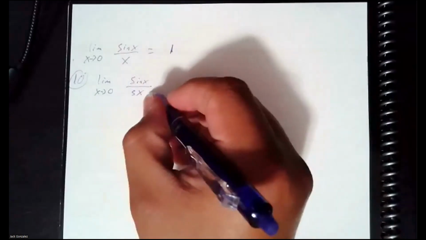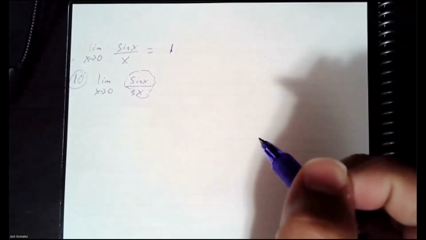So what you want to do is make it look like this. You can see that this part right here is going to be 1, right? That makes sense? So what you do is use the properties of limits to factor out the 1/5.